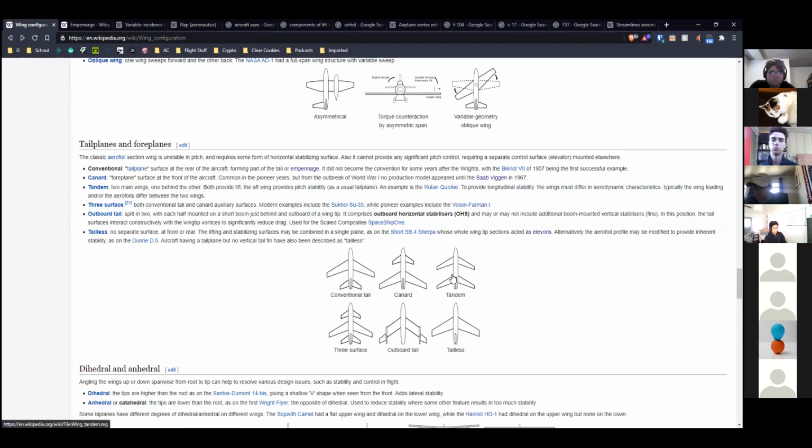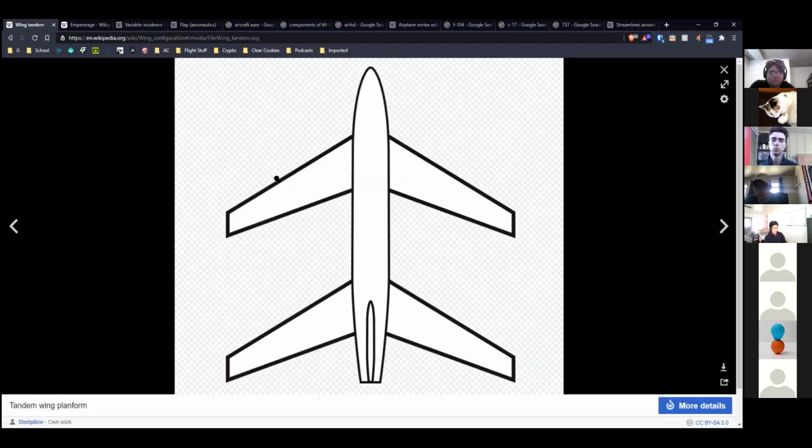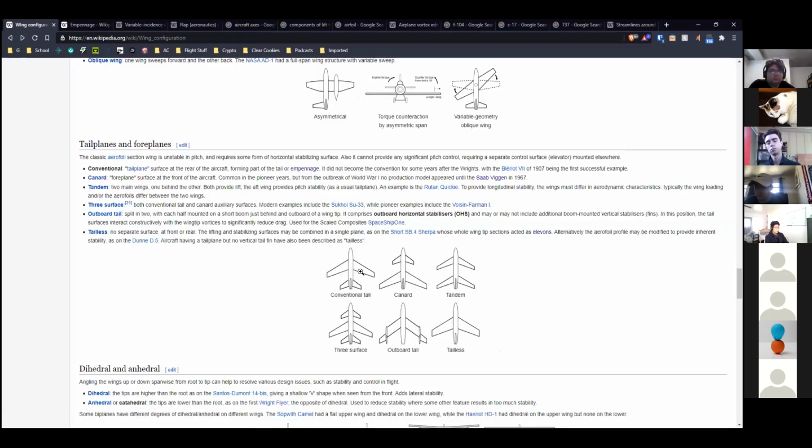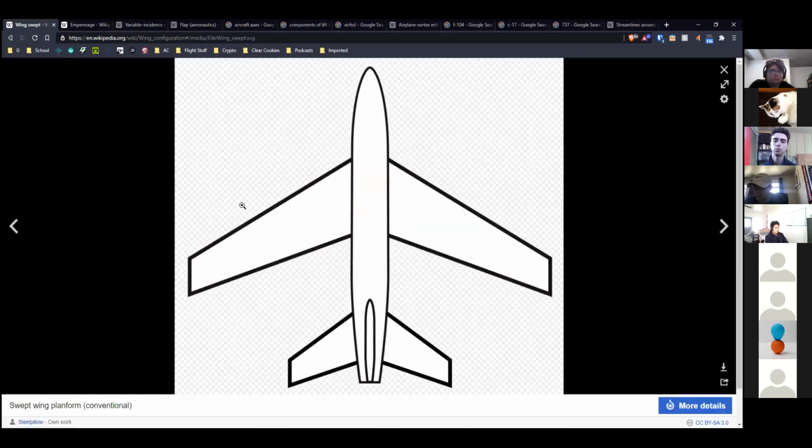A tandem wing kind of doesn't have a horizontal tail. It just has two wings, and one or both of them can control pitch. The reason you can't really use the conventional wing placed near the center of mass to control pitch is because there's no moment arm on the ailerons in the longitudinal direction.